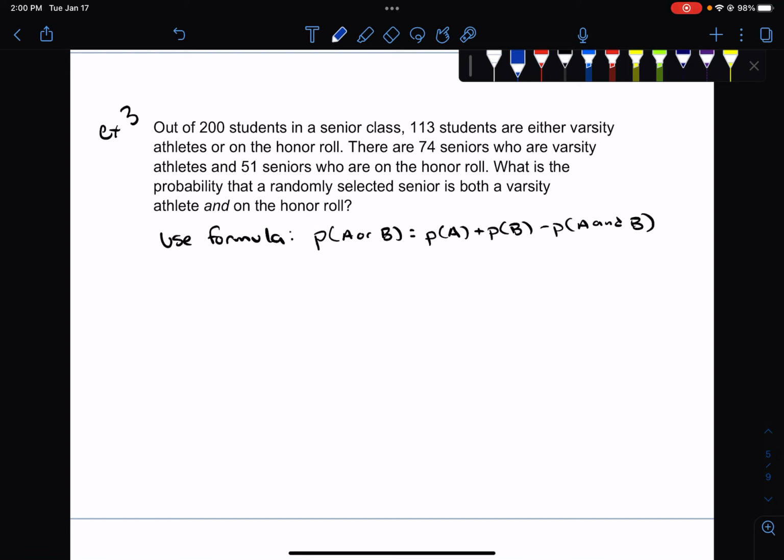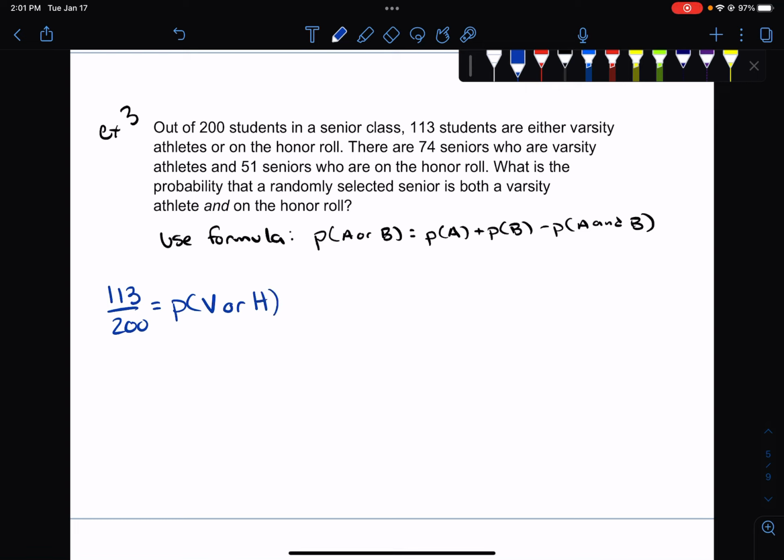So when I read this example, it says out of 200 students in a senior class, so I have 200 total students, that's good to know, 113 students are either varsity or they're on the honor roll. So 113 out of 200 of those students are on varsity or they're on the honor roll.